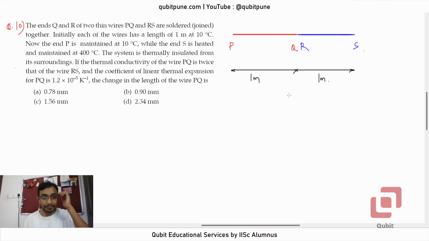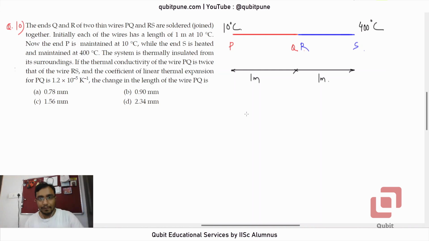End P is maintained at 10 degrees Celsius. End S is heated and maintained at 400 degrees Celsius. The system is thermally insulated from its surroundings.